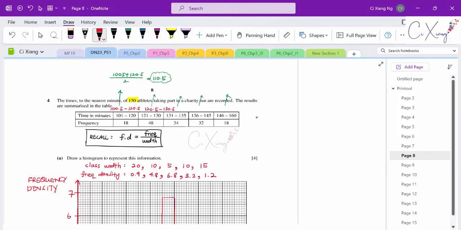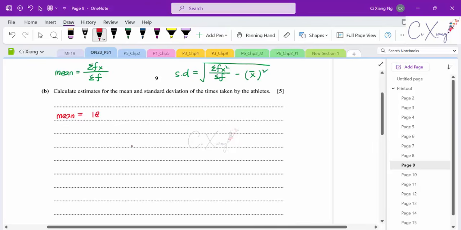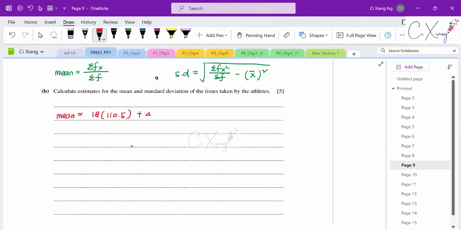Then you repeat the same thing for the other classes. So I have 18 times the midpoint 110.5, plus the second class frequency 48 times the midpoint 125.5, and so on. I'll repeat this for all 5 classes.